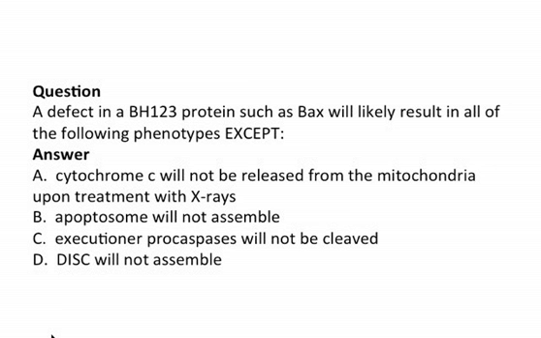If that doesn't work and you can't form a pore, cytochrome C won't be released. Upon treatment with X-rays, remember, DNA damage from irradiation induces the intrinsic pathway. The apoptosome will not assemble, because cytochrome C release results in formation of the apoptosome and procaspase activation. So A, B, and C will not happen if BH123 proteins don't work in some way and can't form the pore to allow cytochrome C to be released.